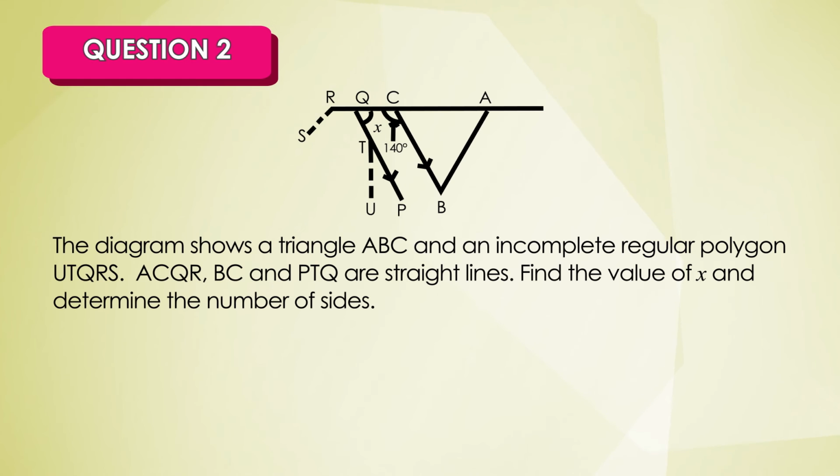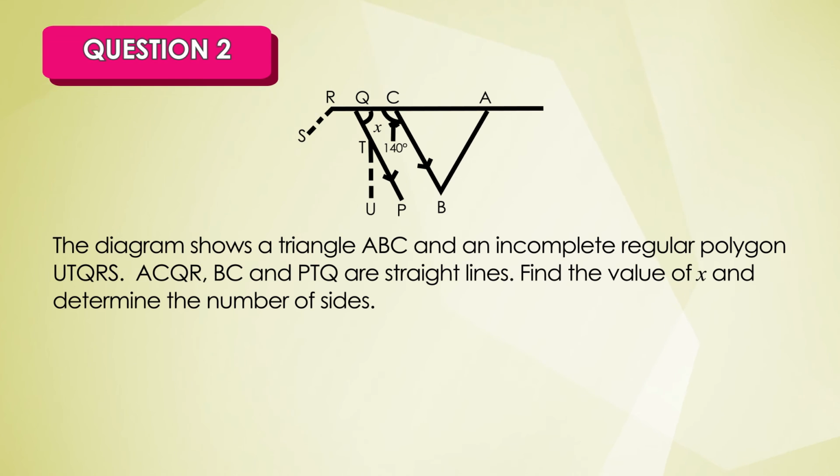Can you do this, girls and boys? How many sides do you think this regular polygon has? What's the answer? Yes, very well done. Let's look at it together now.